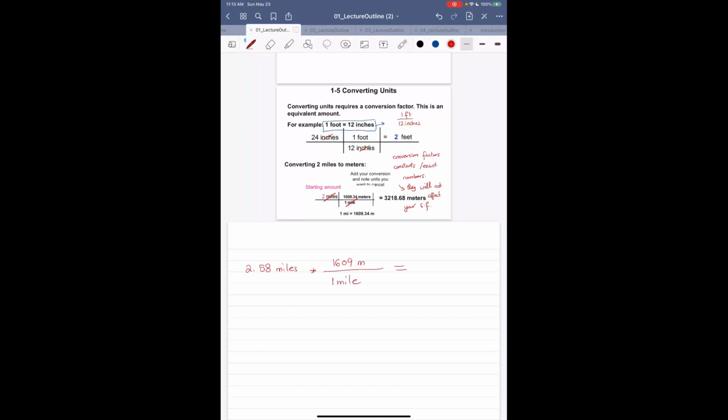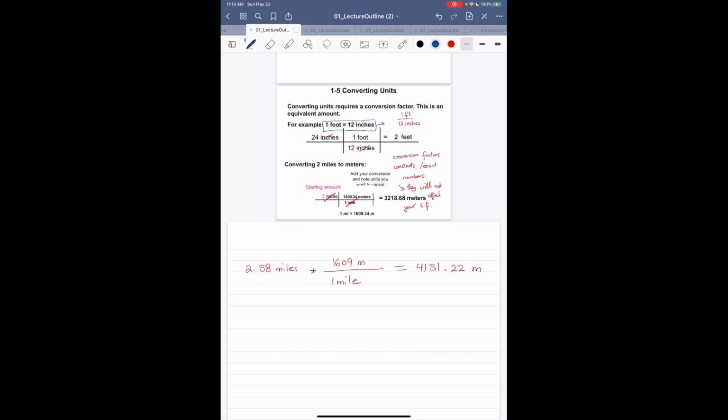When I multiply 2.58 times 1609, that is going to be 4151.22 meters.